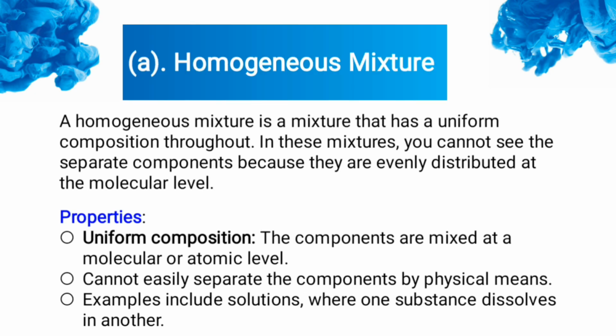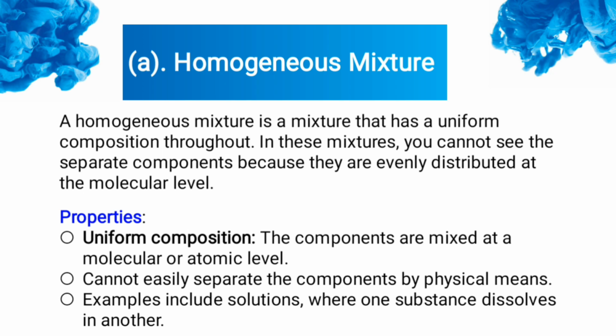So, the first one, homogeneous mixture. A homogeneous mixture is a mixture that has a uniform composition throughout. In these mixtures, you cannot see the separate components because they are evenly distributed at the molecular level.